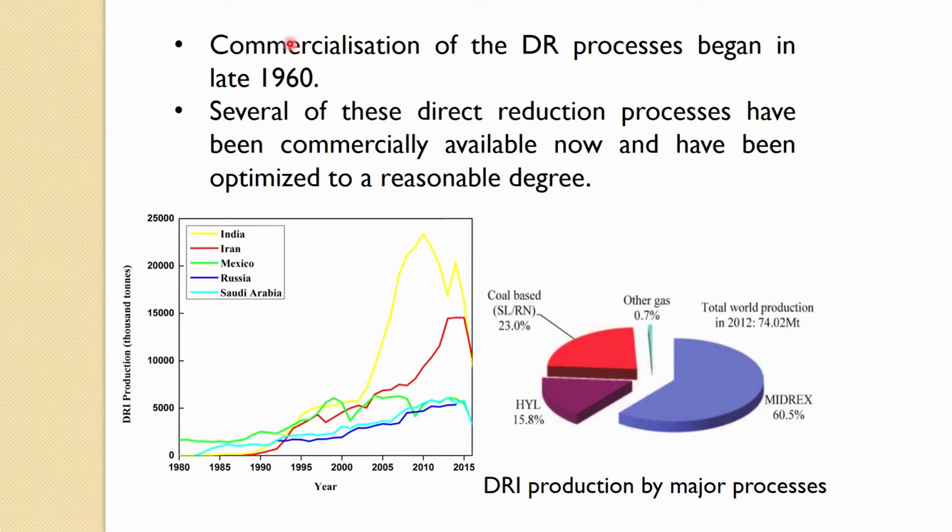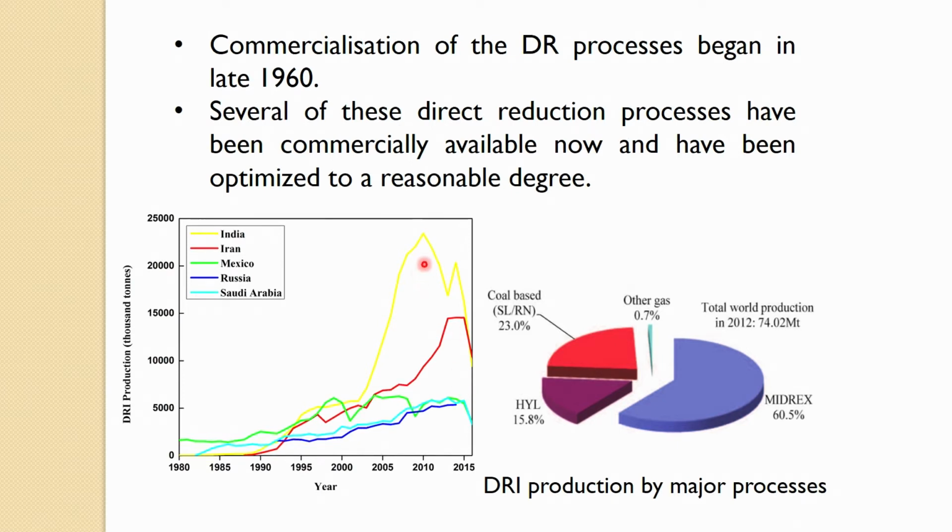When it started, people thought it would overtake the blast furnace. So, the recent data show the contribution of this DRI from 1990 to 2016 or so just increased by 3%. So, that shows the sort of progress of this DRI, and certainly it cannot compete with the blast furnace or the iron making process.